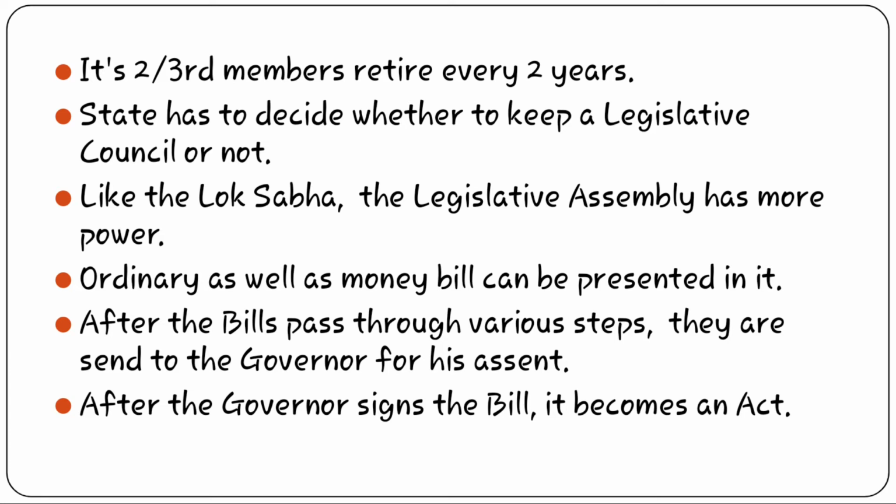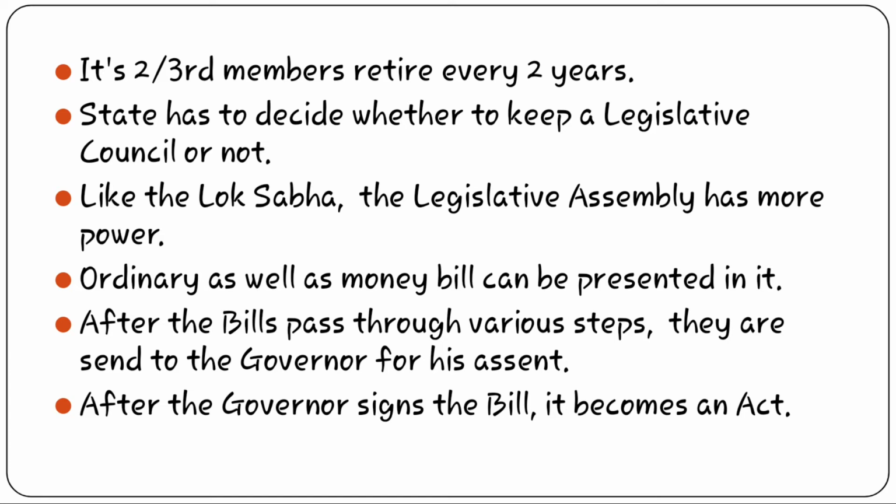The state has to decide whether to keep a legislative council or not. Like the Lok Sabha, the legislative assembly has more powers. While discussing the legislative council, the legislative assembly has more power. Ordinary as well as money bills can be presented in it. After the bills get passed through various steps, they are sent to the governor for assent.